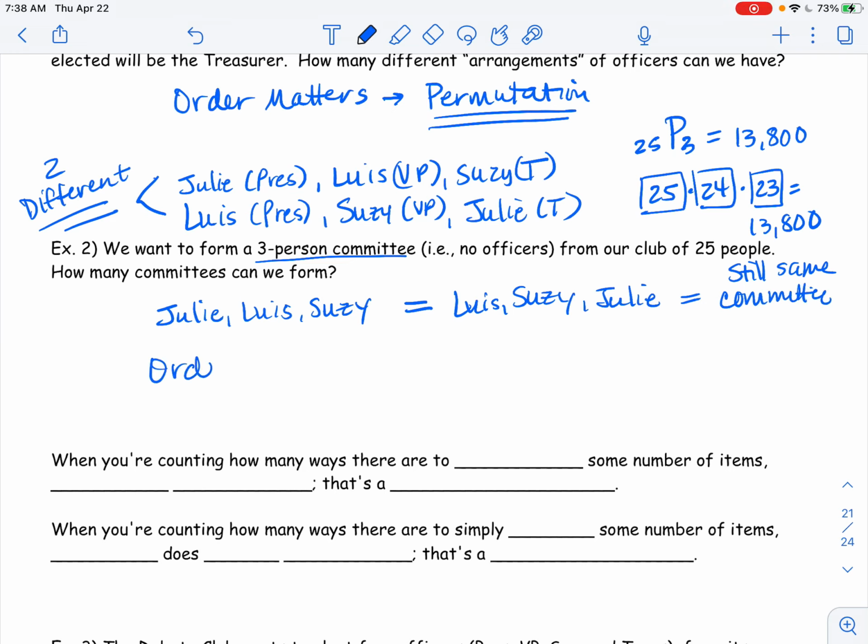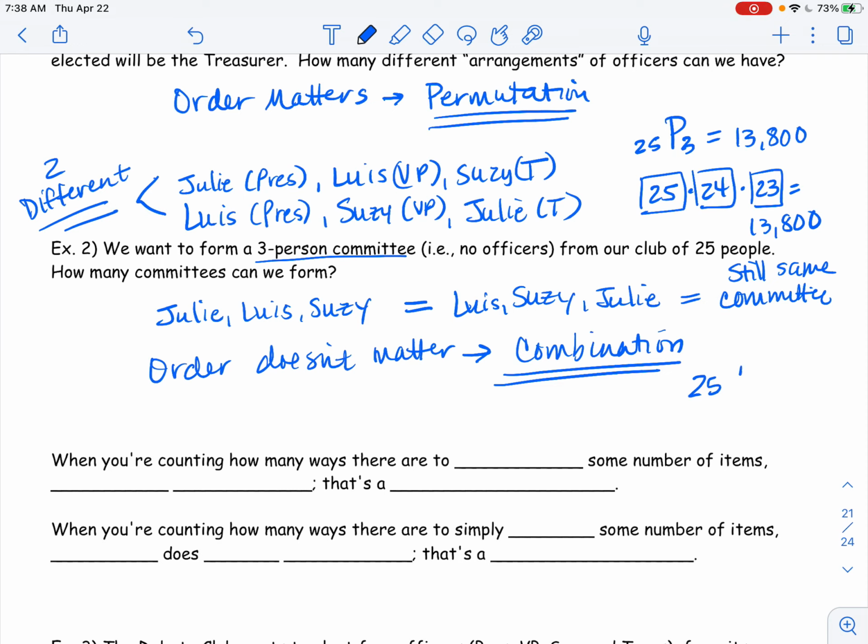So in this case, order doesn't matter. And that is a combination. We still have the 25 to select from, and we're going to pick 3. And so that's 2,300, a lot less than the permutation.